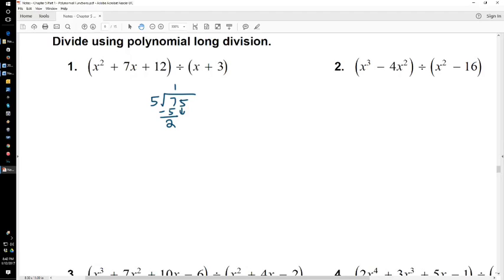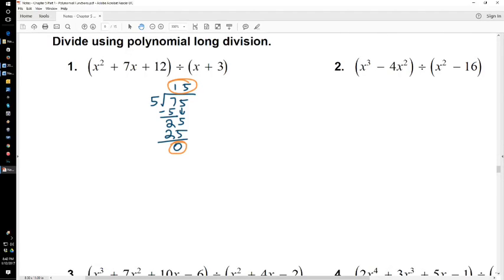Then bring down your 5. So 5 goes into 25 5 times. 5 times 5 is 25, which adds up to 0. So 5 goes into 75 15 times with a remainder of 0. So it goes in evenly.